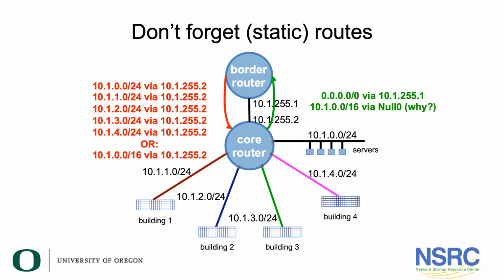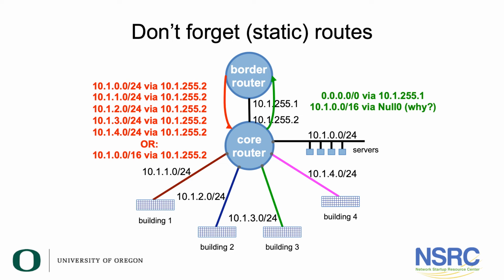This is important because if you look at this subnet, you are only using 6 subnets out of the /16, including the 1.255 that you're using for the point-to-point. You've only used 10.1.0, 10.1.1, 10.1.2, 10.1.3, and 10.1.4. There are other unused subnets in the 10.1 range. For example, 10.1.20 is not used.